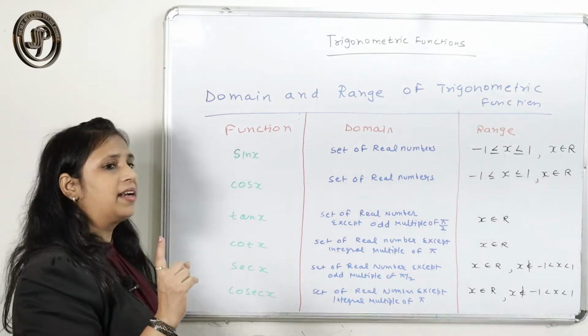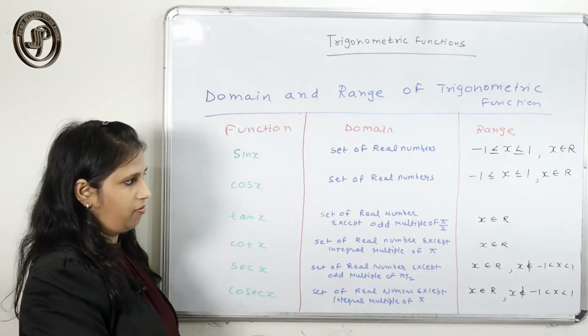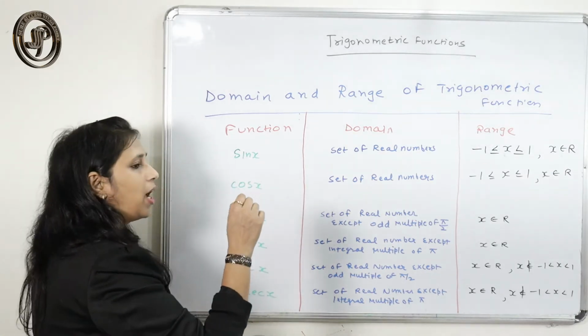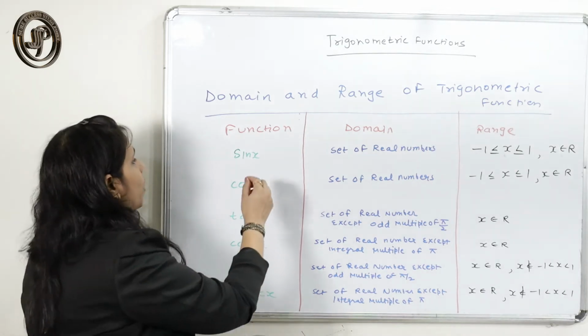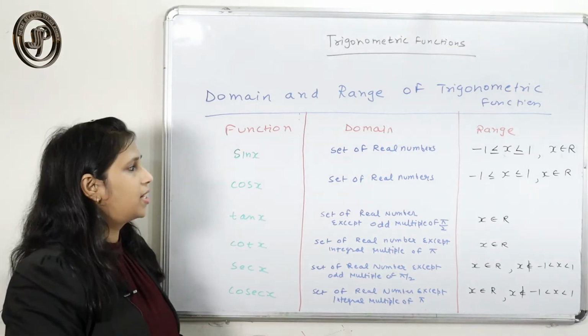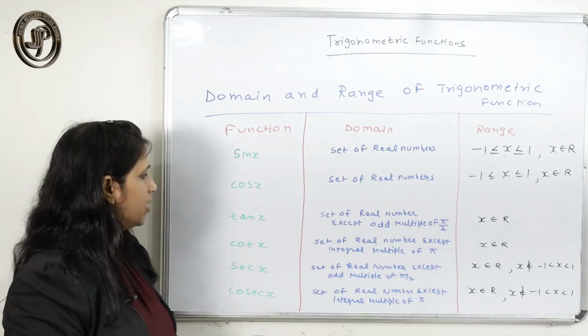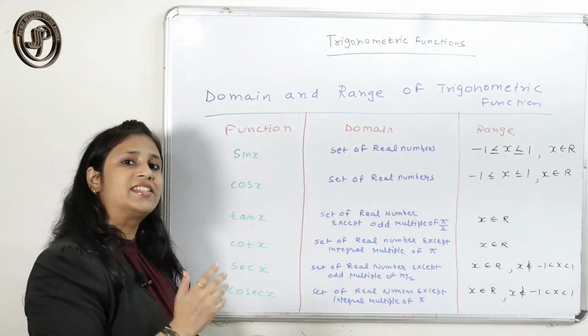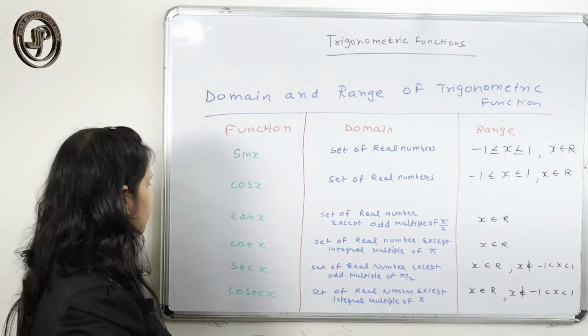At the odd multiples of pi by 2, tan x becomes not defined. Here we just have to write when tan x is defined. Sin x is defined for the set of all real numbers, cos x is defined for the set of all real numbers, and tan x is also defined for all real numbers except the odd multiples of pi by 2.